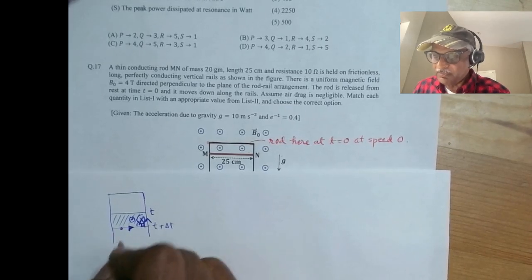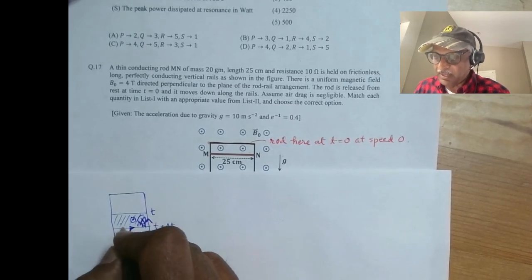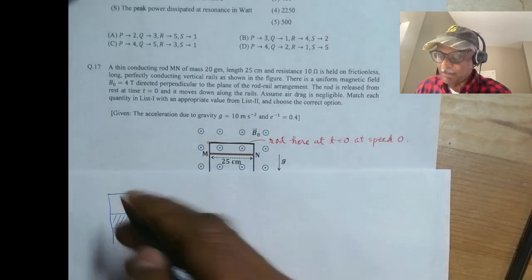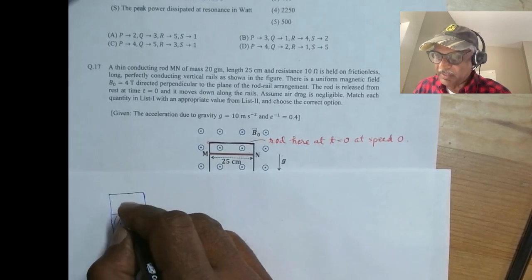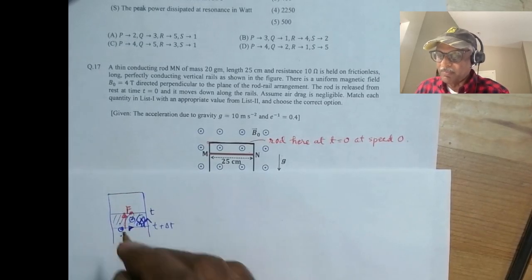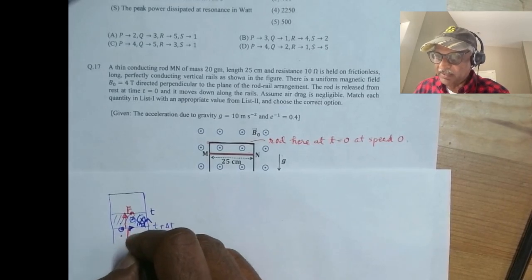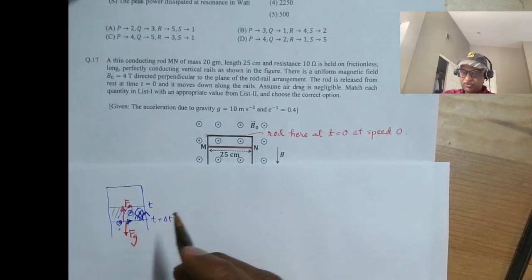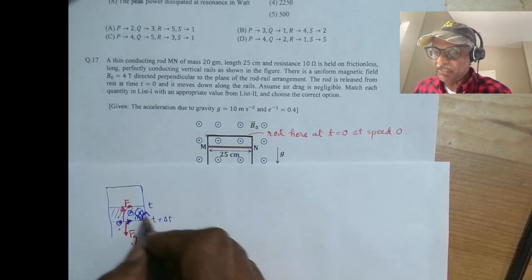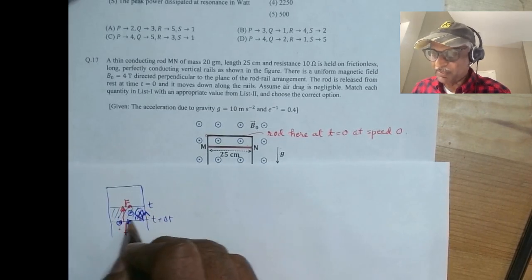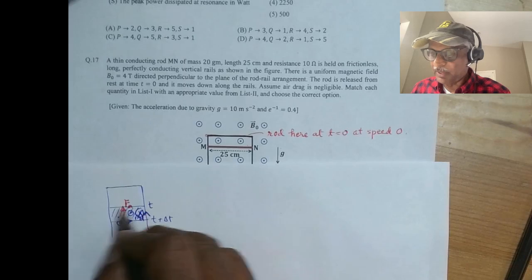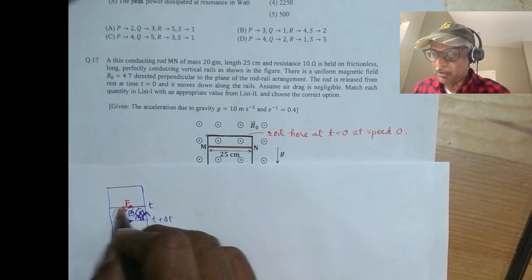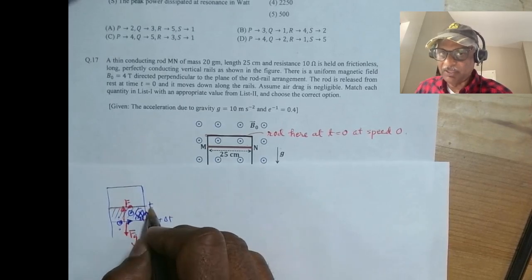If the outside magnetic field is that way, then this current will have a magnetic force pointed up, and gravity will be pointed down. So something like this is going to happen. But we need to be able to keep track of the position of the rod at any time t.